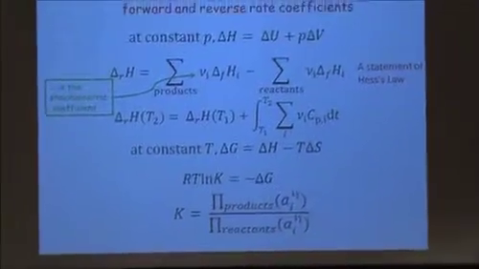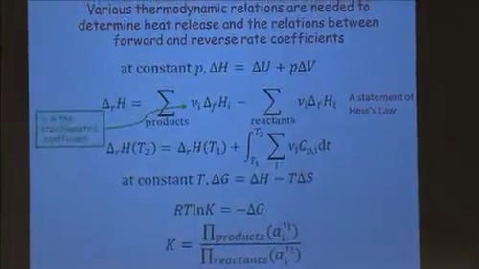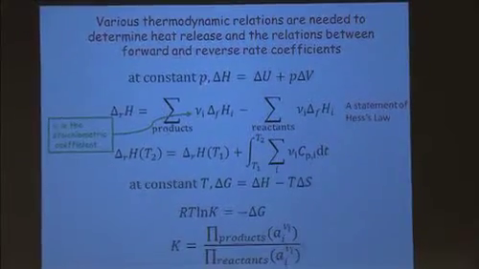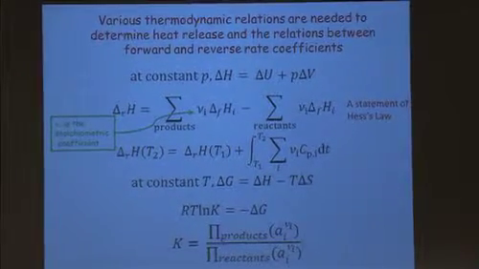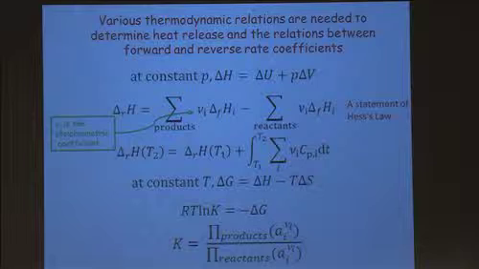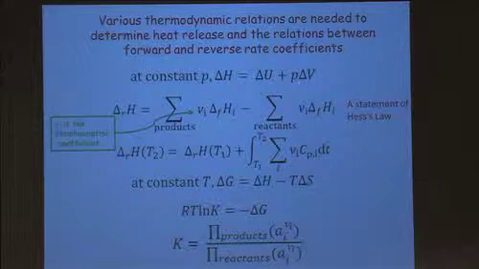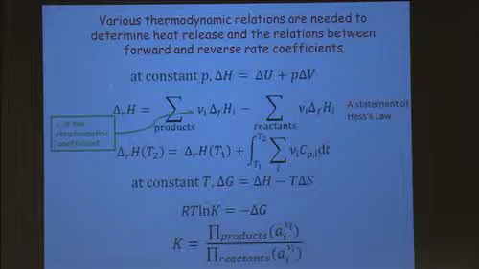Okay, so here's a bit of classical thermodynamics. So at constant pressure, the change in enthalpy is equal to the change in energy U plus P times delta V. So that's one important relationship, because we need to be able to move from energies to enthalpies and understand what we're doing.